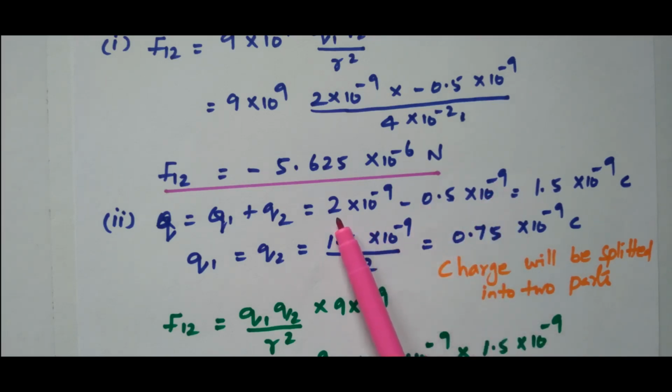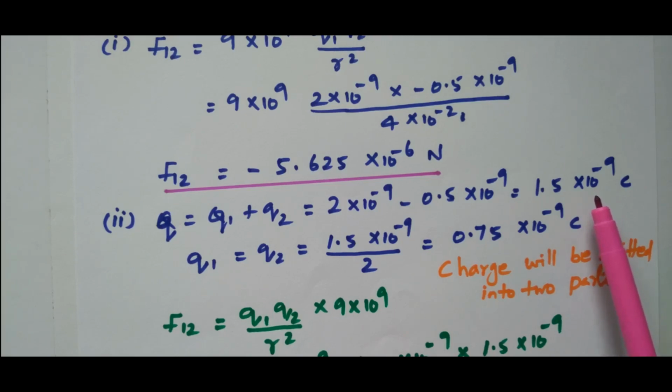So the value is 1.5 into 10 to the power minus 9 coulomb. Now again it is separated after being brought into contact.